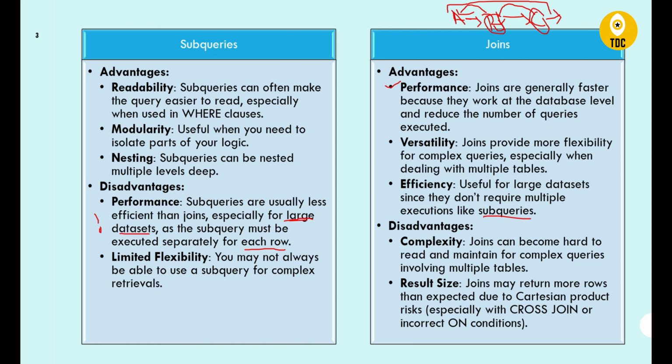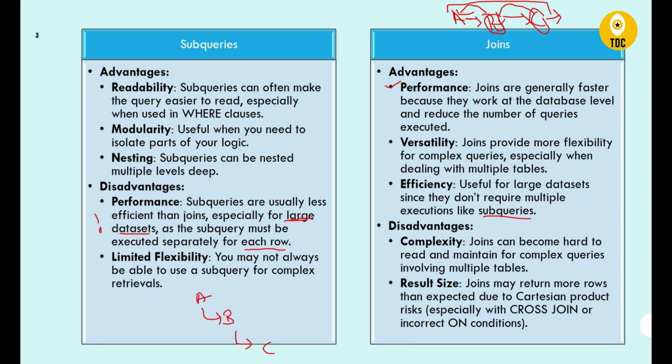Suppose there are 10 different joins you are making, all the joins execute at once. Whereas a subquery is logically hierarchical, right? A and then B and then C. So it's hierarchical, but joins work in parallel, so it's sometimes difficult to understand the complexity.